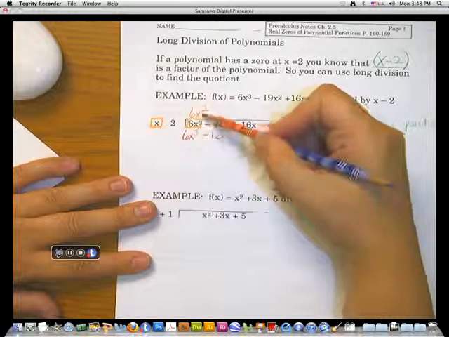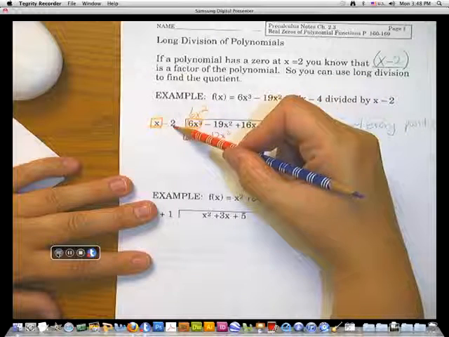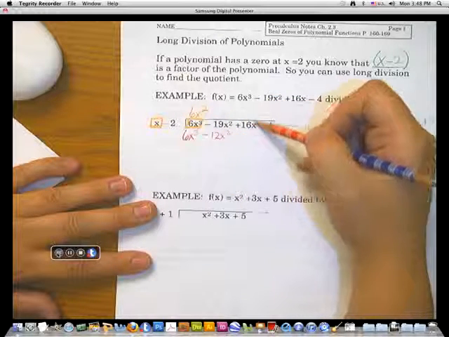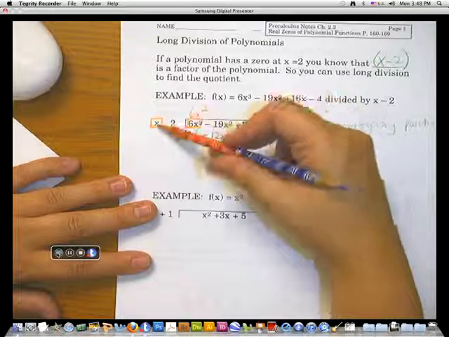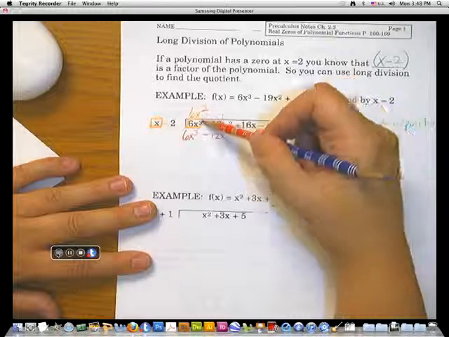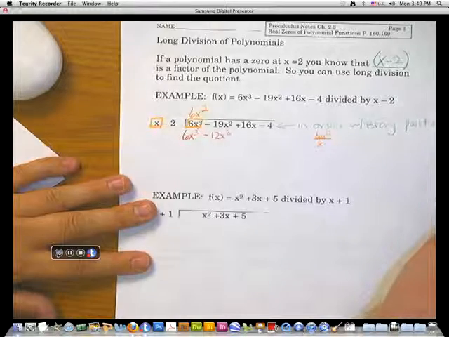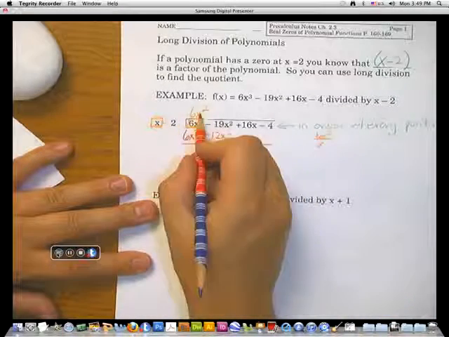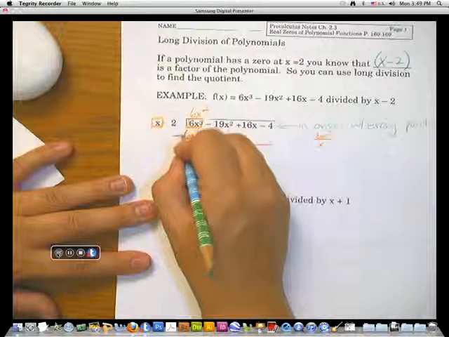And I line up my positions. If this would have multiplied to a single x, then I would have put it over here under the single x. But it multiplied to a square, and it multiplied to a cube, so I line up my cubed and my squared positions.